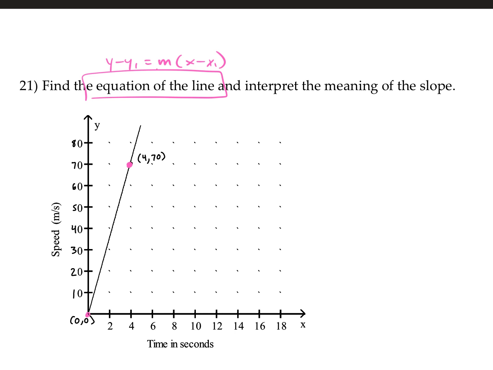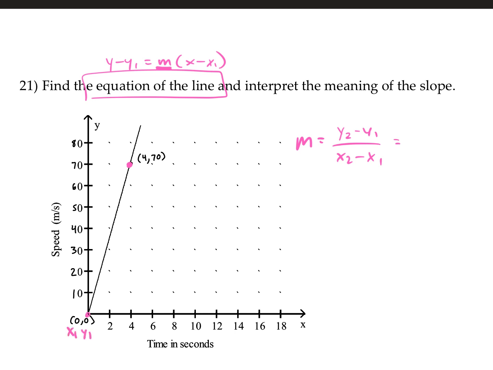So either way, I need to figure out what my m is. How can I find my slope? I can use my slope formula. That works. How else could I find my slope? Rise over run. I can count. So you can either plug in a point. We have a point here at 0, 0, so that could be our x1 and y1.